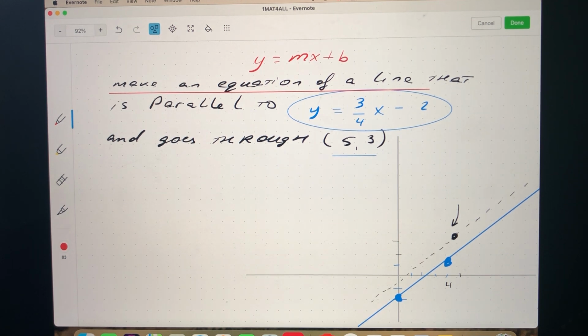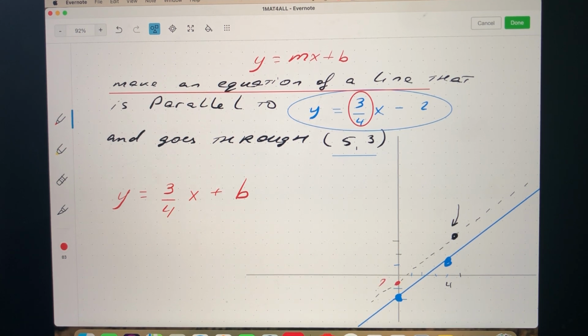And we already know the slope is going to be the same for both lines. So the line that we are going to get is going to have 3/4 for the slope. We just don't know what the b is, which is the y-intercept.